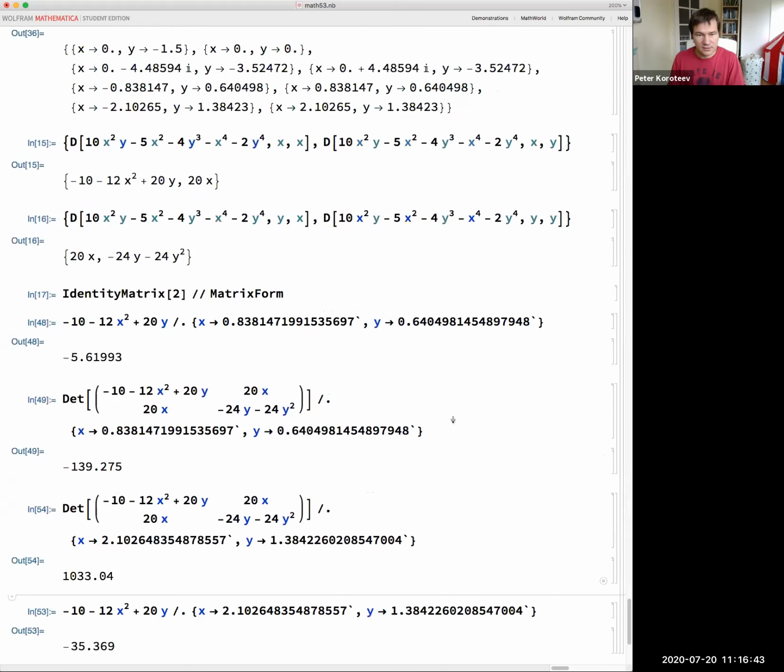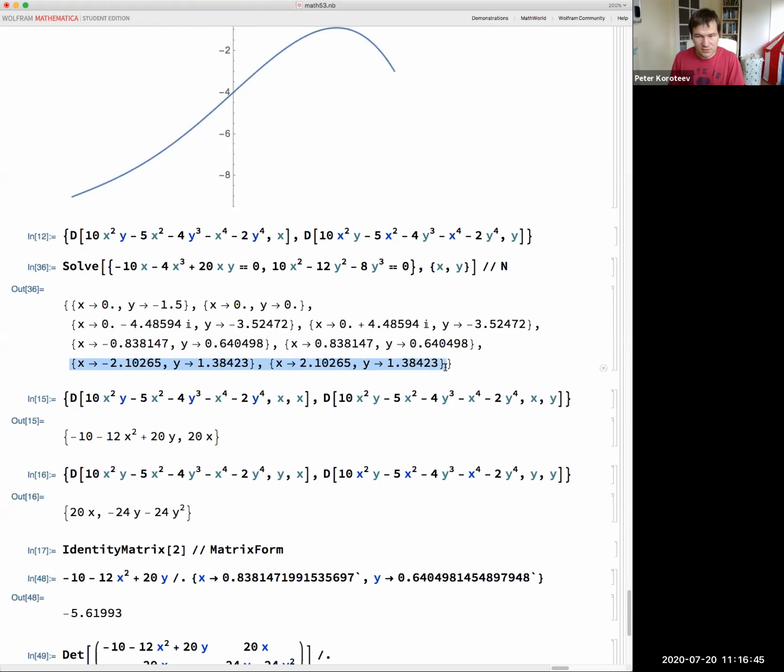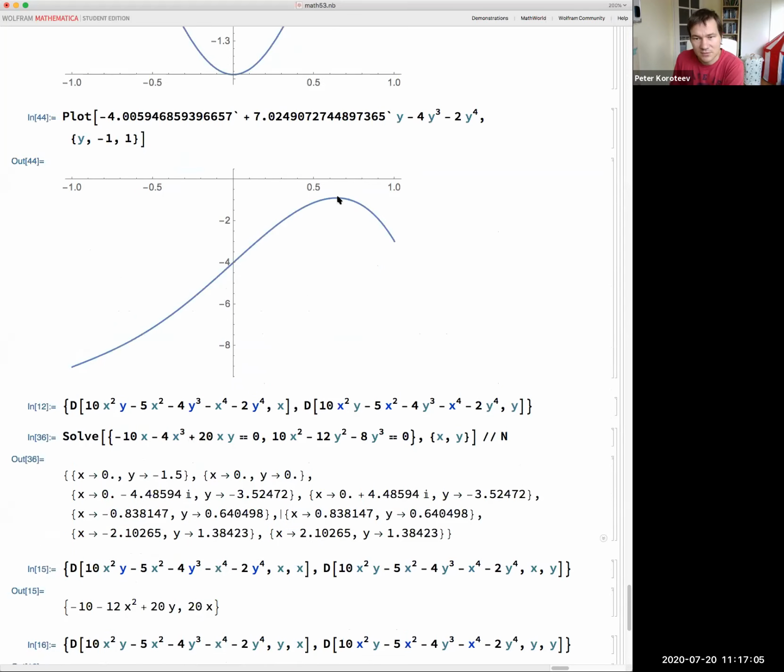So these two are local maxima. We talked about these, right? This is a maximum, this is nothing. This is a complex saddle, we don't talk about it. And then this x and y are apparently neither maximum nor minimum, although from the graph it's not quite clear what's going on.